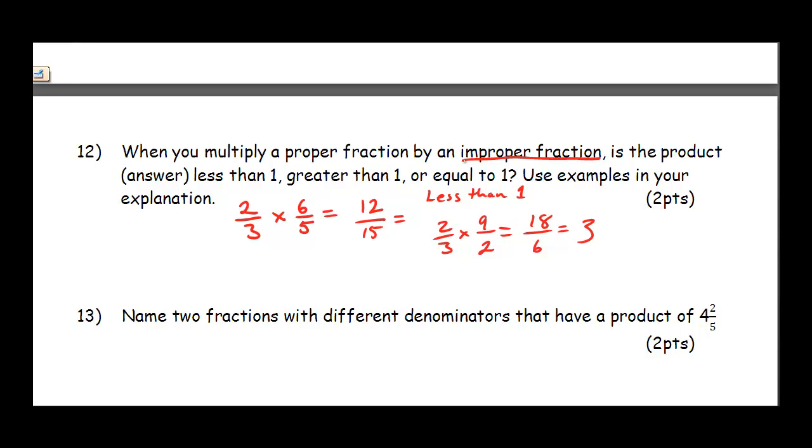So my answer, I think, in this would be, it depends on the fractions you use. Because one way, we have a proper fraction, 2/3, times an improper fraction, 6/5, gives me an answer less than 1, and one gives me an answer greater than 1. So it depends on the fractions you use.